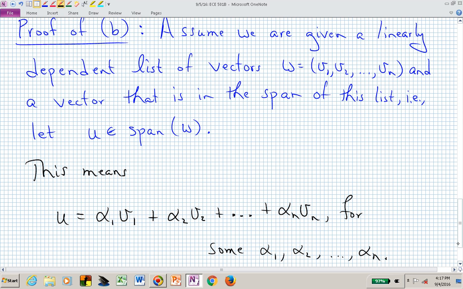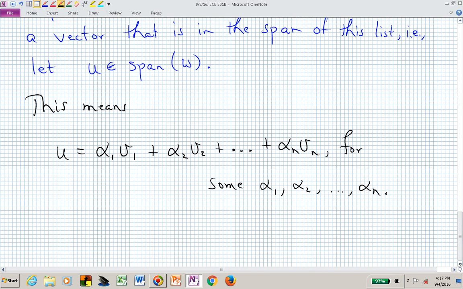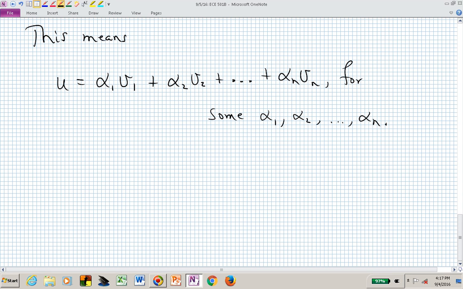We can throw one of those away and still allow that to represent or contain U. And the way that we will do that, let's just go ahead and assume that we have labeled our vectors in such a way, since this list v1 through v sub n is linearly dependent, let's just assume that the last one, v sub n, is the one that can be rewritten as a linear combination of the previous n minus 1 vectors.